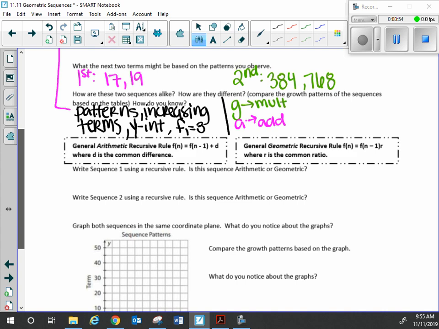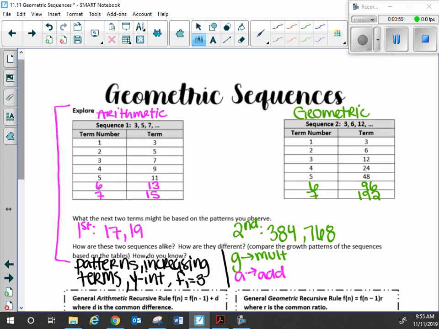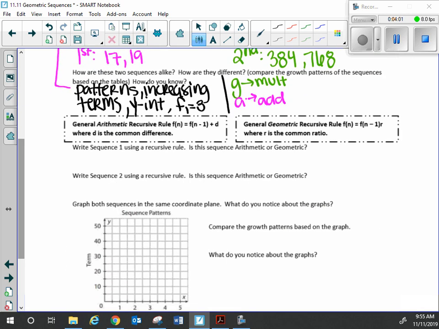Looking back at the first sequence you just finished, what was our common difference? 2. So my recursive rule would be the first term, which is 3, and then every term thereafter, f of n, is the previous term, f of n minus 1, plus 2.